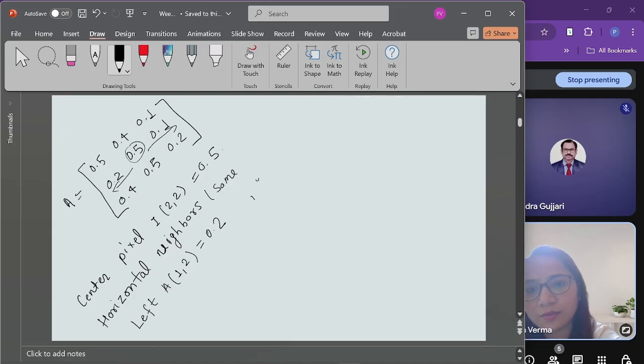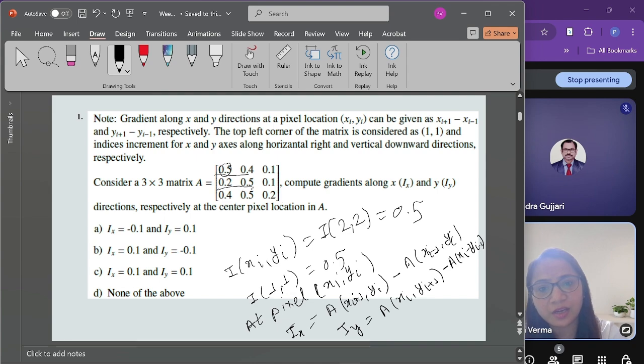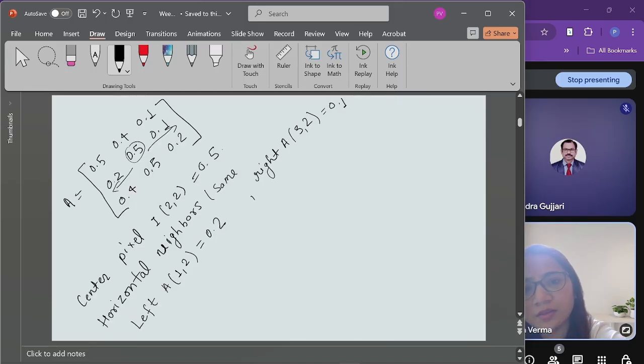Similarly for the right, 3 comma 2 is 0.1. We have already seen this in the previous slide, the value A of xi plus 1, yi. So it is in the horizontal direction, in the x direction.